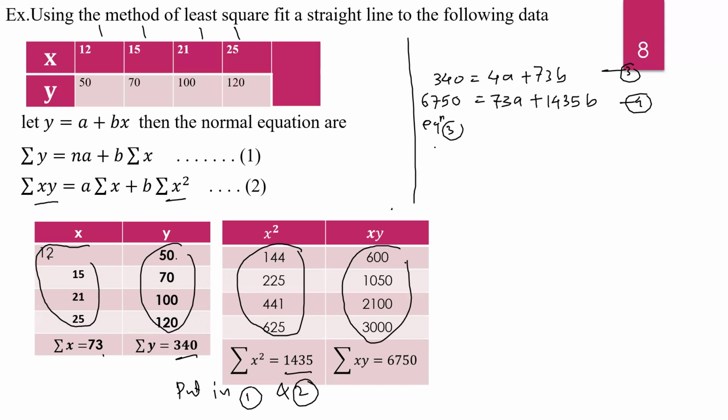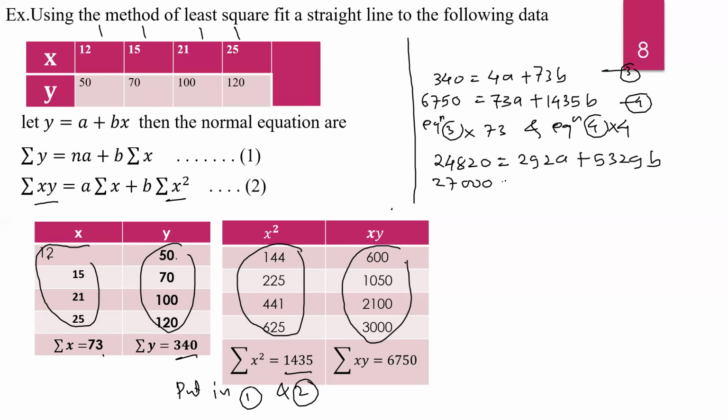The coefficients of a are different, so we multiply equation 3 by 73 and equation 4 by 4. So we get 24,820 is equal to 292a plus 5,329b, and the second one is 27,000 is equal to 292a plus 5,740b.